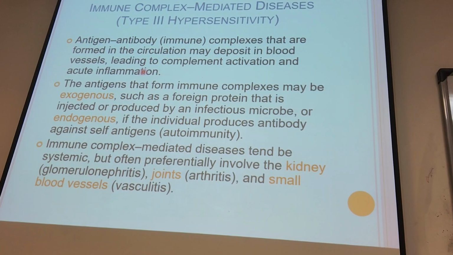And this deposition activates some kind of inflammation. And again, in this type, the antigens may be exogenous, for example, microbes, and sometimes they are endogenous, for example, self-antigens, like what we have in lupus, for example, systemic lupus erythematosus.